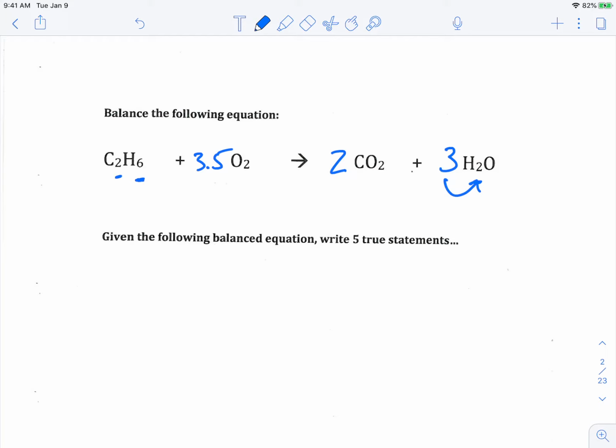We typically don't like to have a decimal or a fraction here, so your fix is to multiply everything by 2. Just like in math class, if you do something to the left-hand side and the right-hand side of an equation, you haven't changed it. That's what we're doing. This 2 is going to distribute to everything.